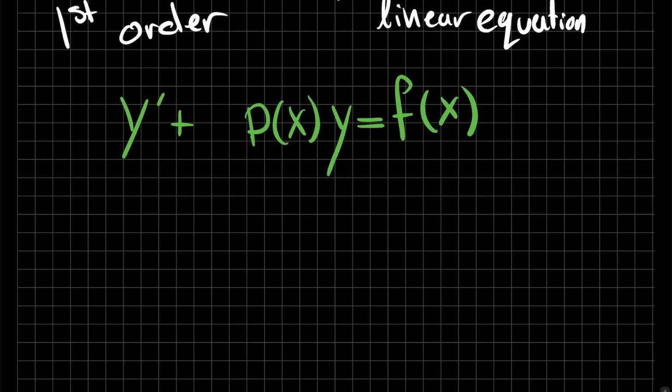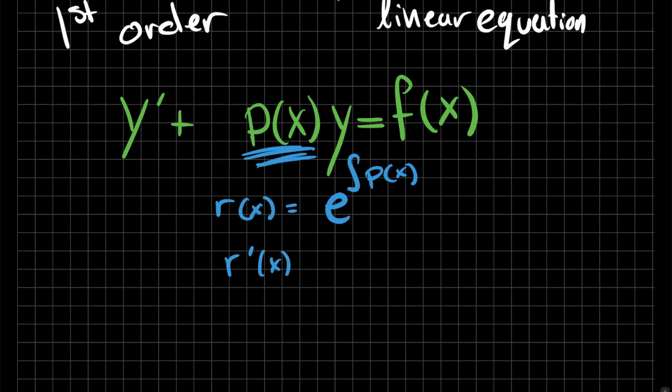So the integrating factor is going to be a function, and it's going to be e to the antiderivative of whatever we have here, so p of x. So how is this helpful? First of all, what happens if we take the derivative of this?